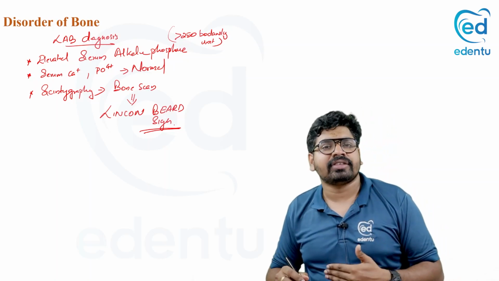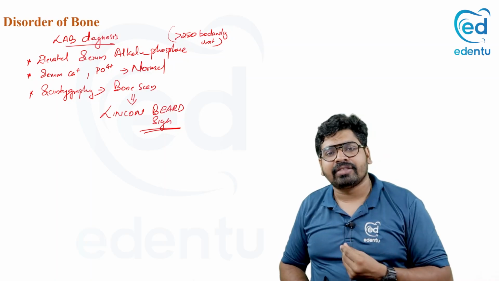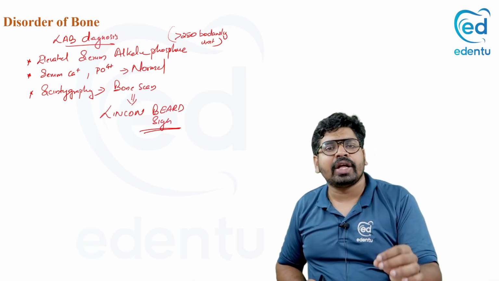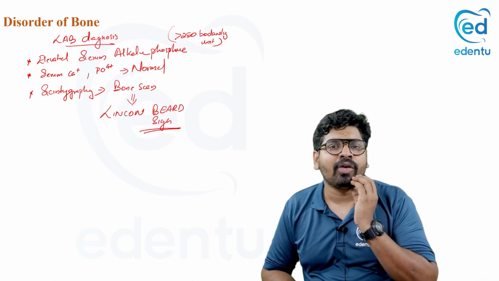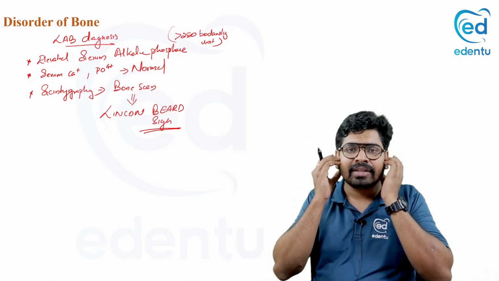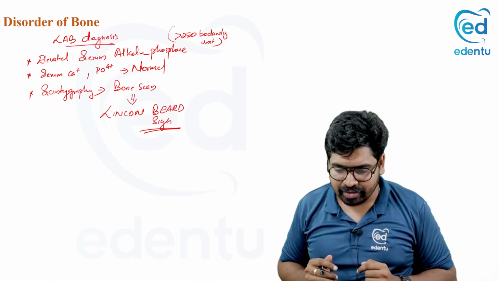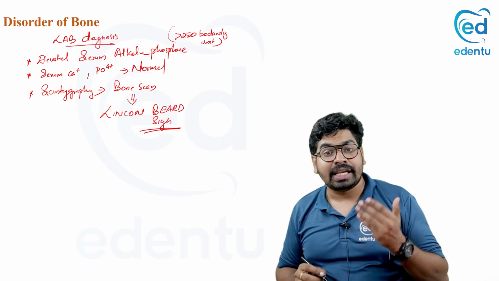It is seen in the scintigraphy of patients with Paget's disease, because when you apply these radioisotopes and take a bone scan, the radioisotopes all bind to the Pagetic bone in the mandible, and on the radiograph it appears as a beard of the patient. That is called bone scan or scintigraphy, and it shows a Lincoln beard sign.